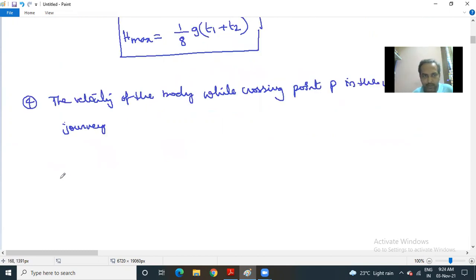Make use of v square minus u square is equal to 2as. You take u that side. So we are looking for the expression of v square is equal to u square. Since moving under gravity, a will become minus g, so therefore this is minus 2g. This s will be the height of point P.